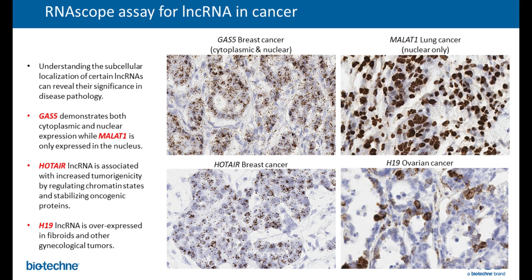So with our technology, you can get that subcellular localization of targets like these long non-coding RNAs, which can be significant in understanding their function in tumor growth and progression.